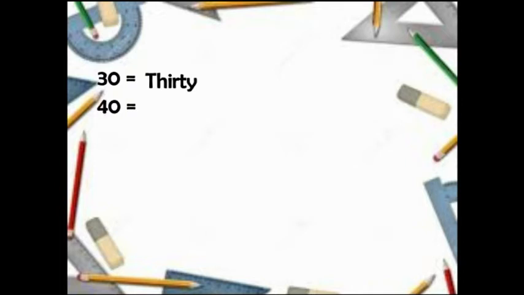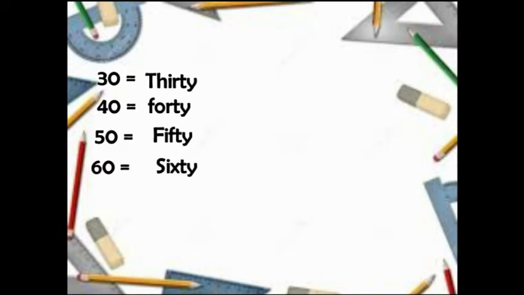Thirty. Next, we have number 40, and the spelling of 40 is forty. Next one, number 50, and the spelling of number 50 is fifty. Next, we have the number 60, and the spelling of number 60 is sixty.